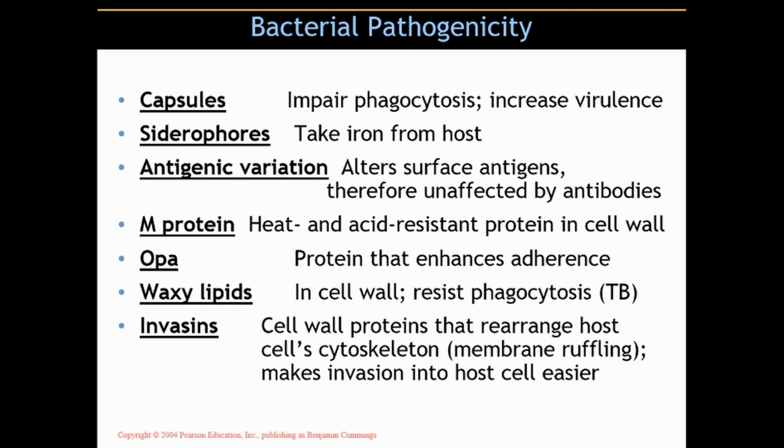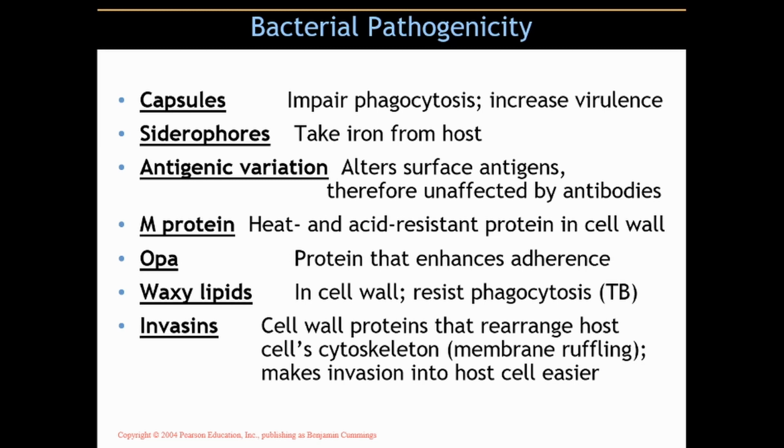Waxy lipids are within the cell wall. They resist phagocytosis, and the tuberculosis bacterium is notorious for this, and this is what enables it to be so pathogenic, to form the tubercles that they form within, say, our lungs, especially, but in other parts of the body as well.